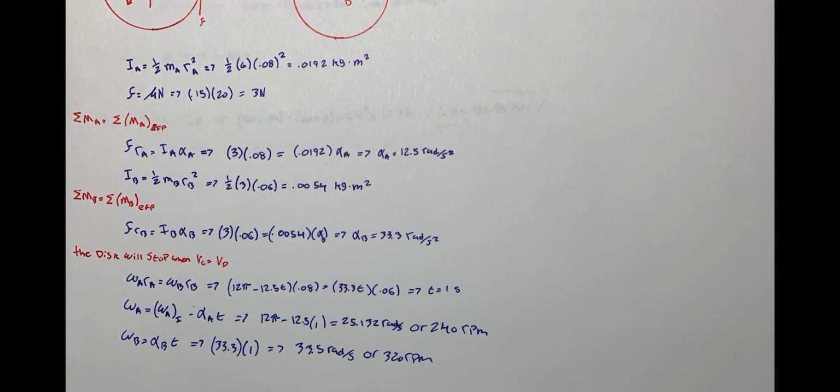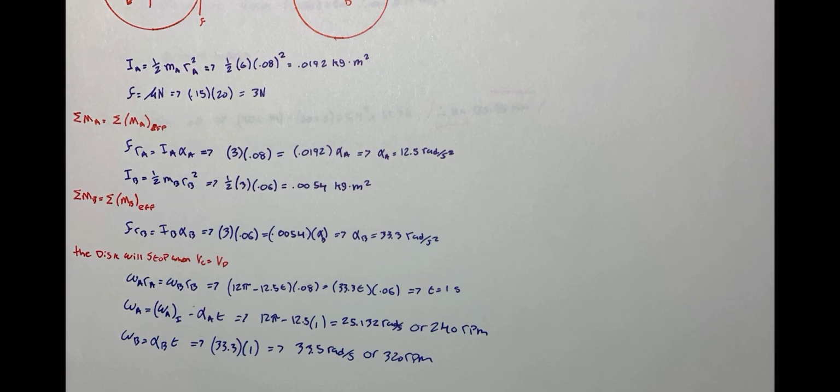So we know the inertia at A and the force of 3 newtons. Then we can equate the moment at A and the moment at A effective force and external forces. In doing that, we can solve for the angular acceleration, which is 12.5, and we can also find the inertia at point B, which is 0.004 kilogram times meter squared.